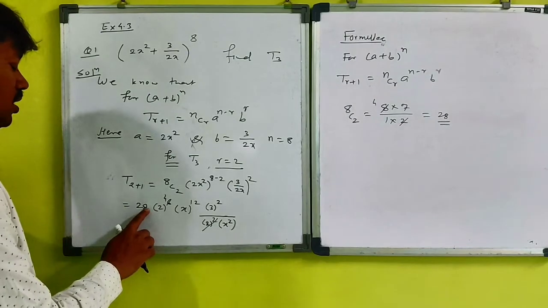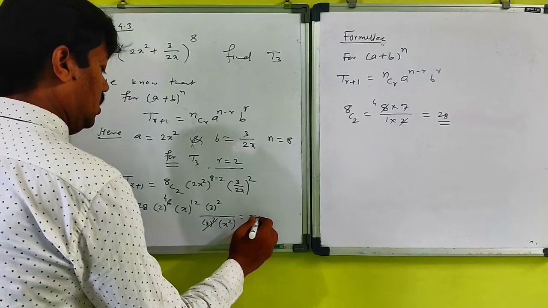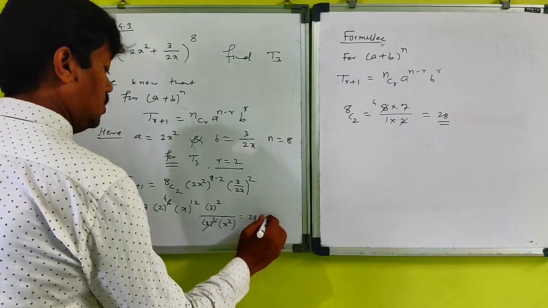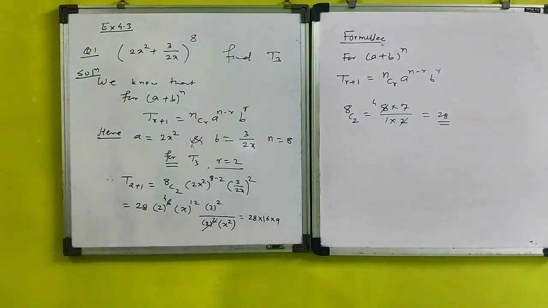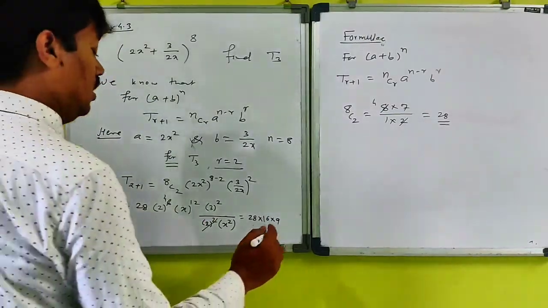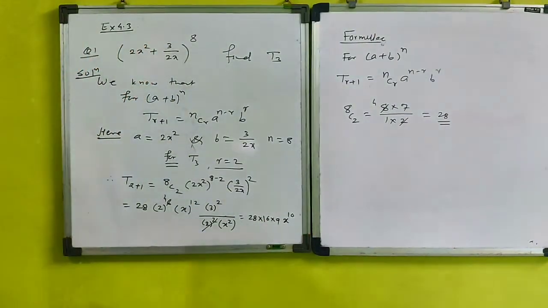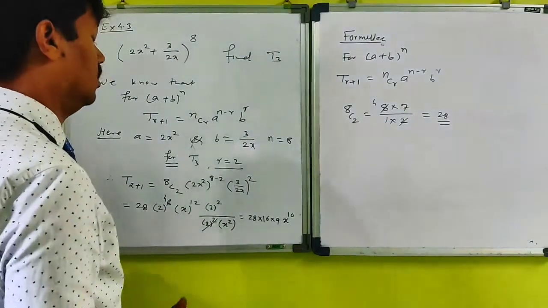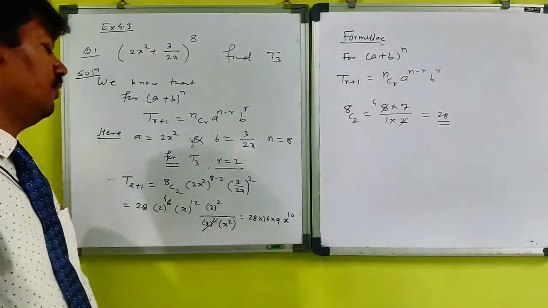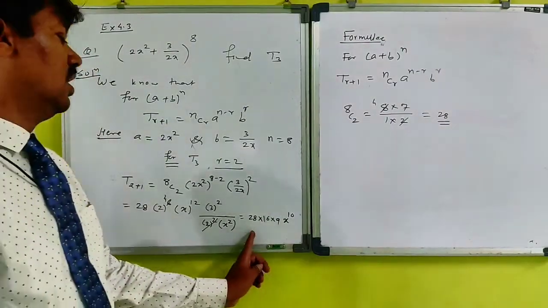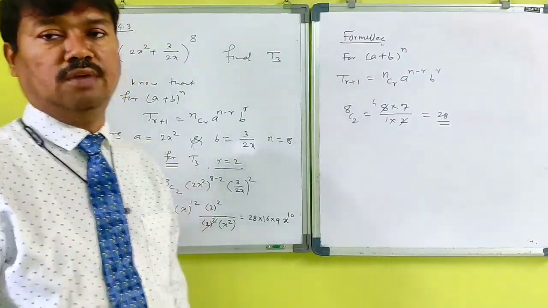So it is 28 into 16 into 9, and the power here is x raised to 10, like this. So that is the value for this. This 28 into 16 into 9, we will calculate, just calculate and find the answer. That's the value for T3.